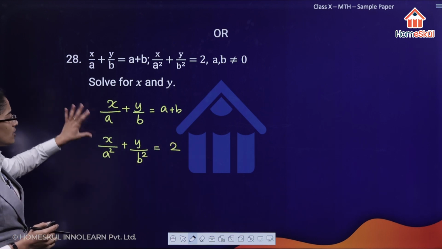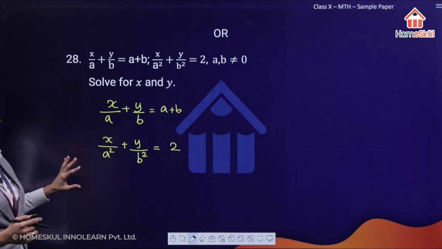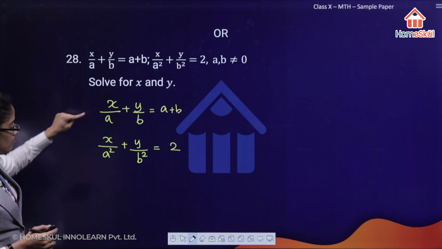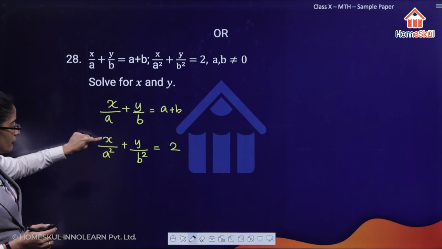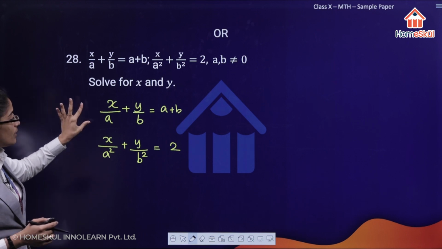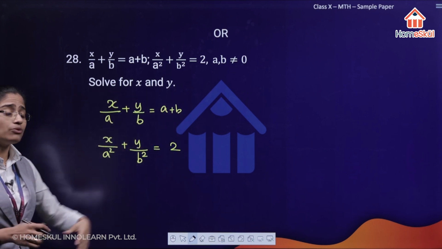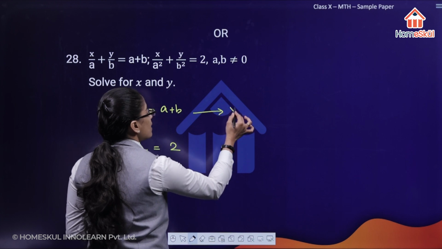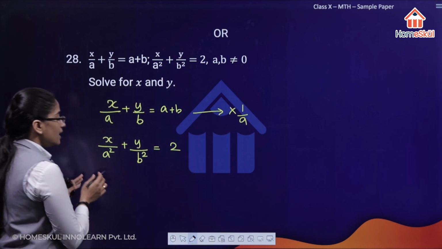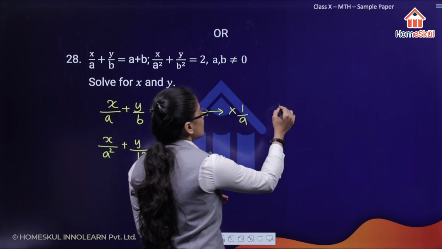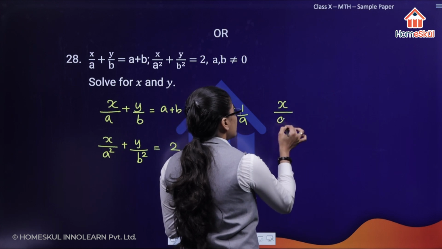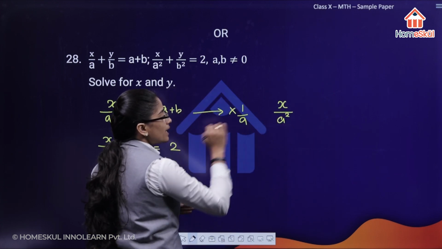So here we could make the coefficient of x the same. The coefficient of x is 1 by a in the first equation and in the second equation the coefficient of x is 1 by a square. So let's multiply the first equation with 1 by a. Multiplying, we will get x by a into 1 by a, that means x by a square.